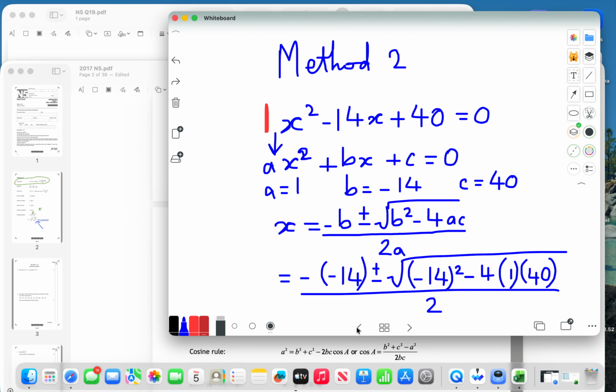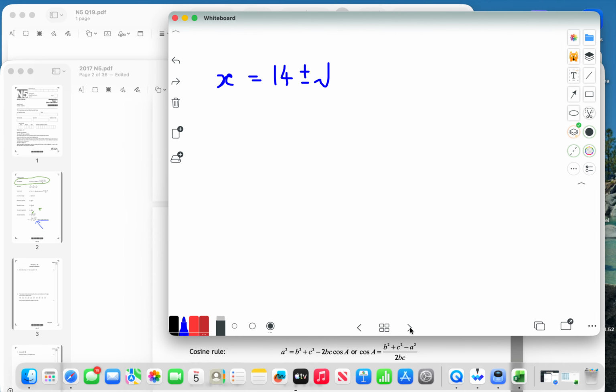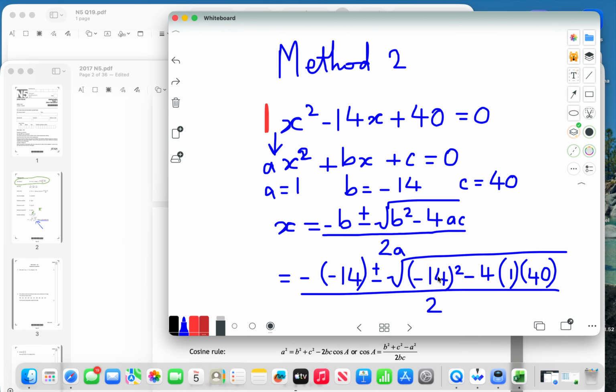It will just be one distinct solution. But if the discriminant is positive, you'll get a plus minus of the square root, and you will get two distinct solutions. So we found two solutions by factorising. It should be the exact same with this.